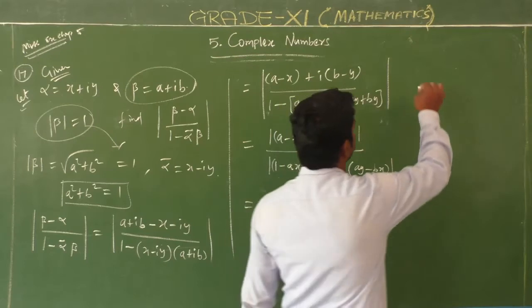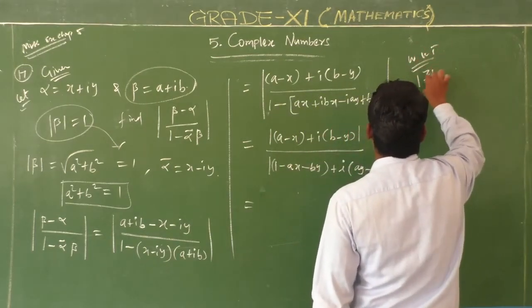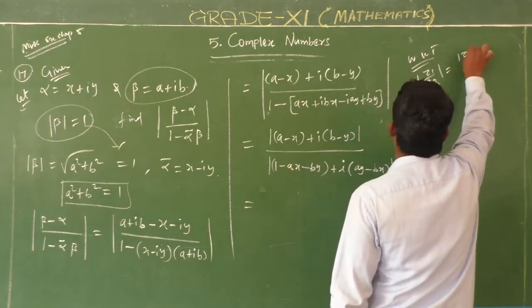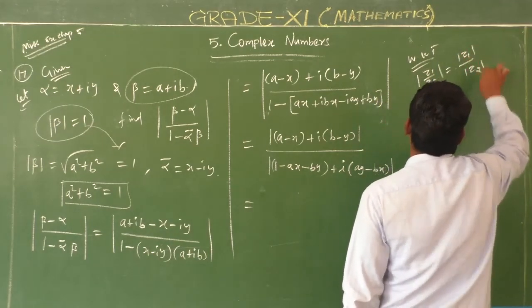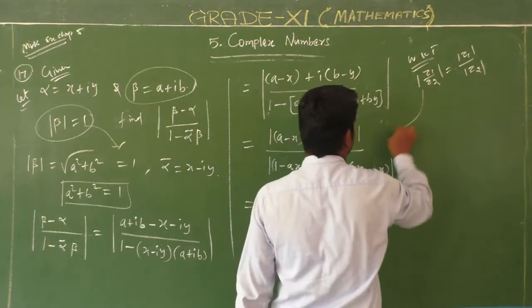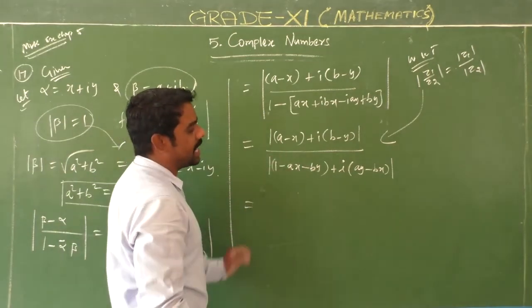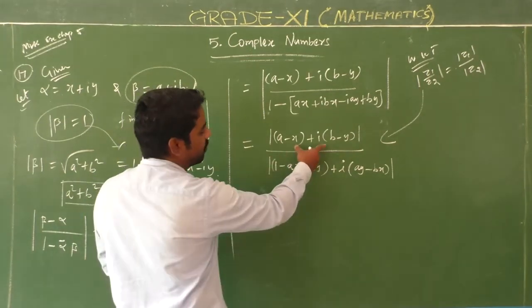So the modulus of just a complex number, we know that modulus of z1 by z2 is equal to modulus of z1 by modulus of z2. The numerator is a minus x plus i of b minus y, a standard form complex number.